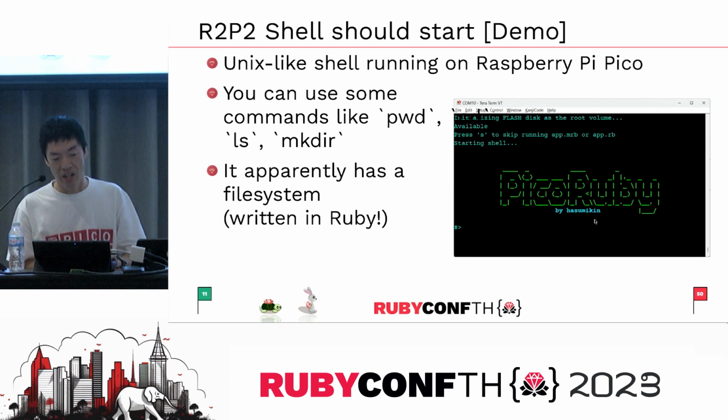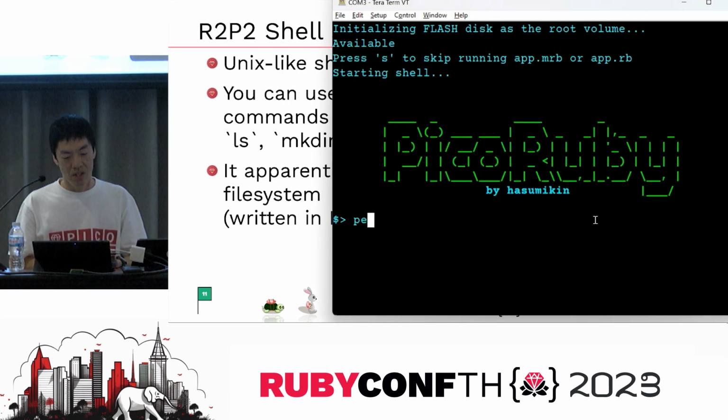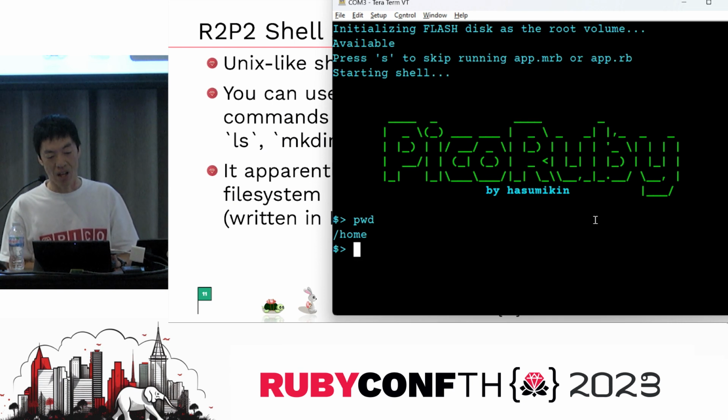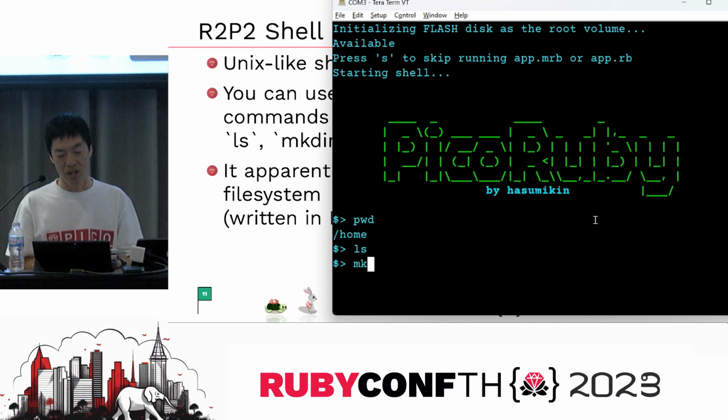R2P2 shell is a Unix-like shell running on Raspberry Pi Pico, written in Ruby. You can use some commands like, for example, pwd. I'm on /home. ls. There's no file. So what should I do?